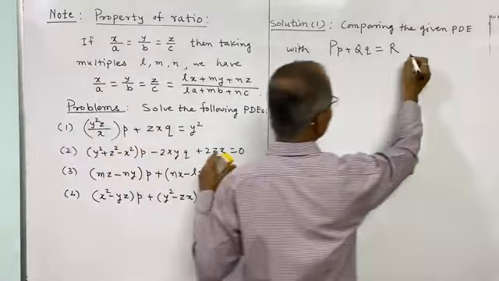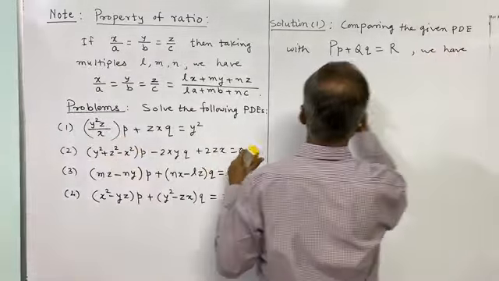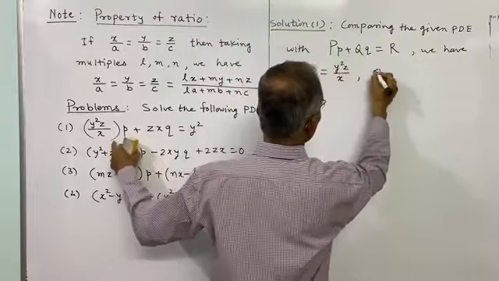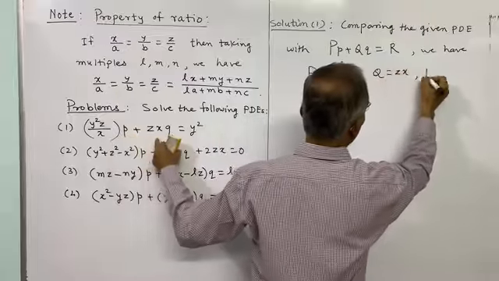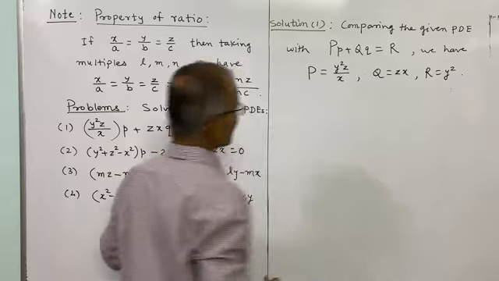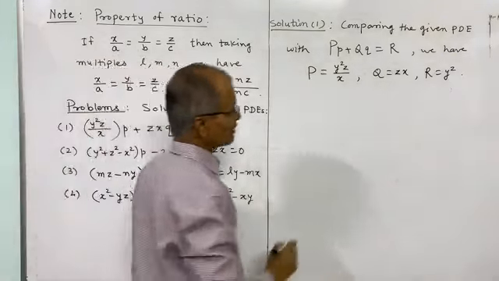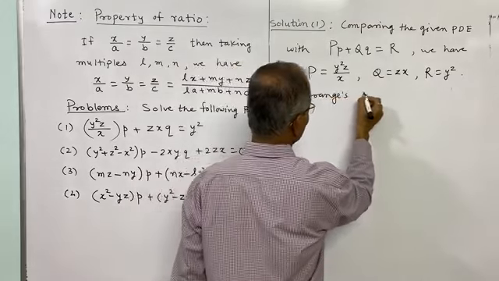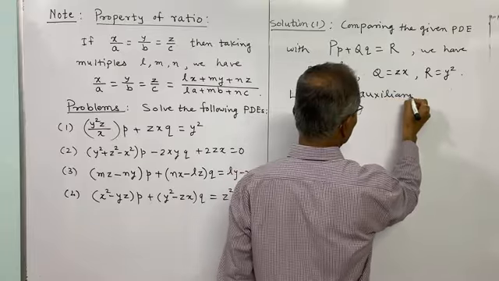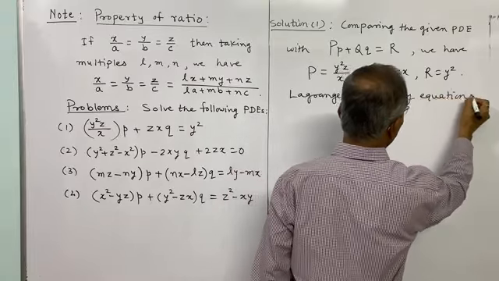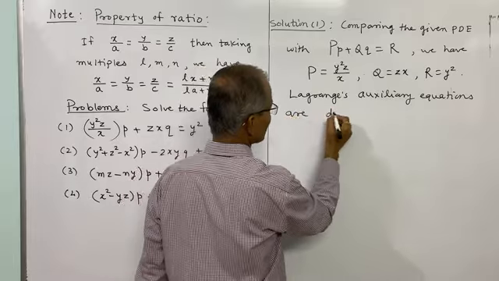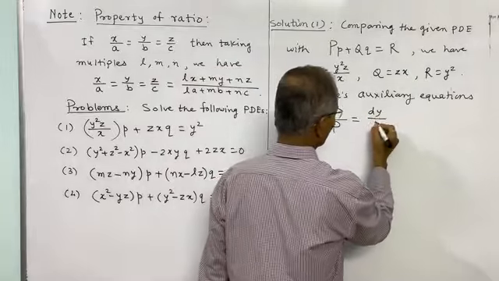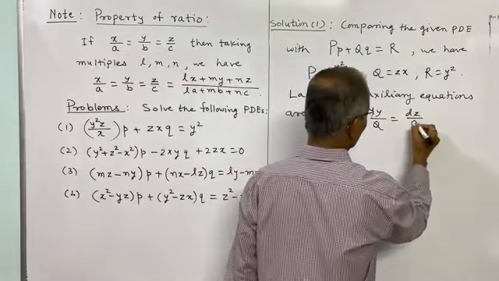We have capital P is y square z divided by x, capital Q is z into x, and capital R is y square. After writing the values of P, Q, R, we write the Lagrange's auxiliary equations.